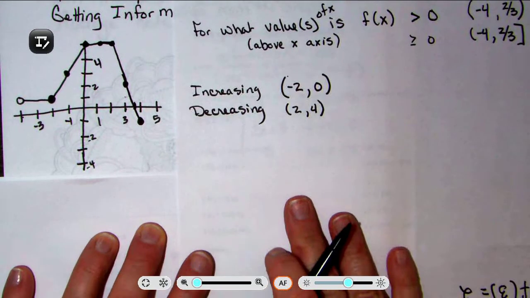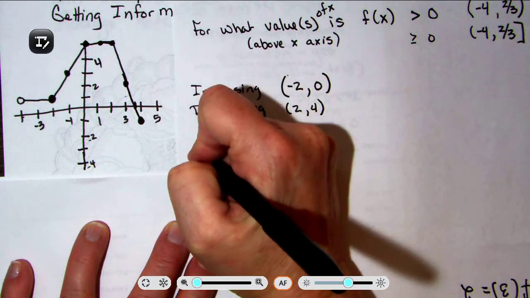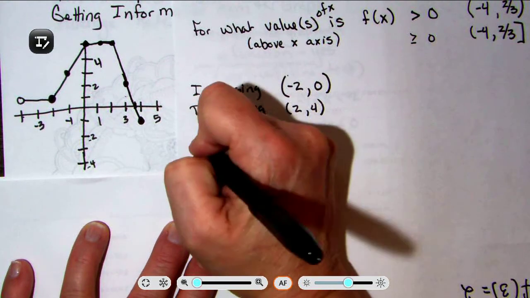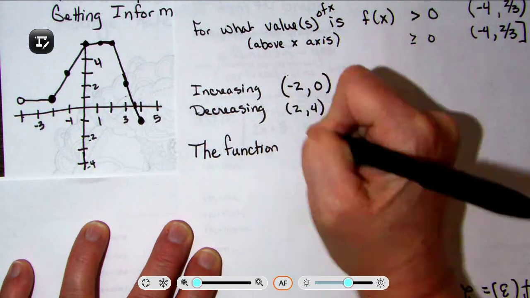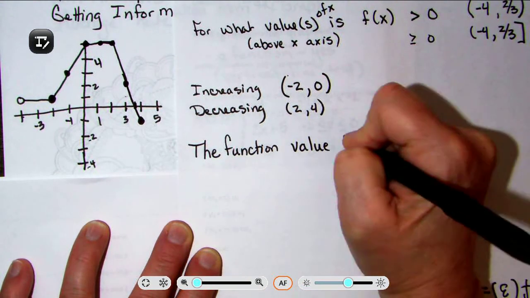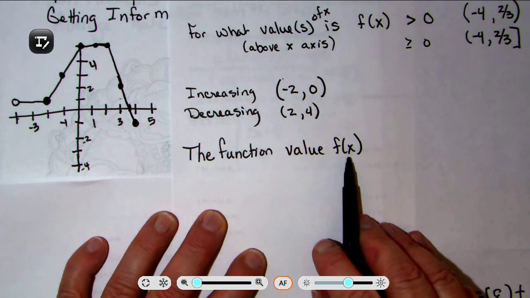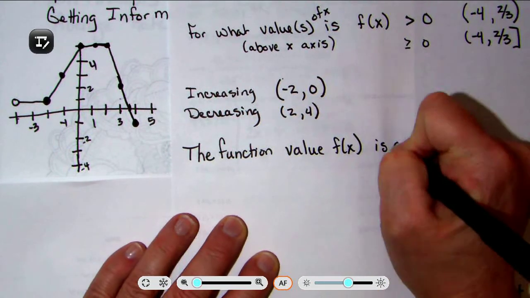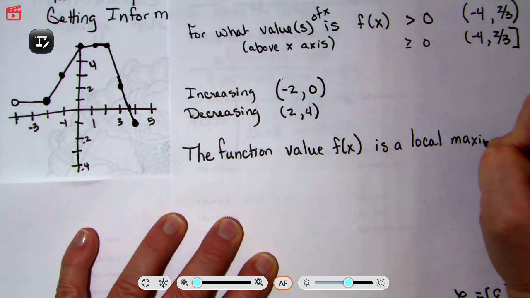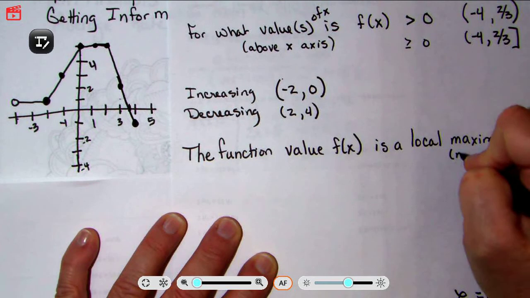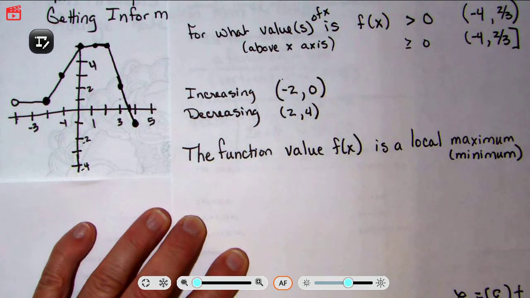The last thing here that I want to talk about, and then I'll stop the video, is talking about maxes and mins. And I'm going to put this definition on here. The function value f of x. So we're talking about a y value. So f of x is another name for y, is a local maximum, and I'm going to put in parentheses underneath it, minimum, because they're very similar to each other.